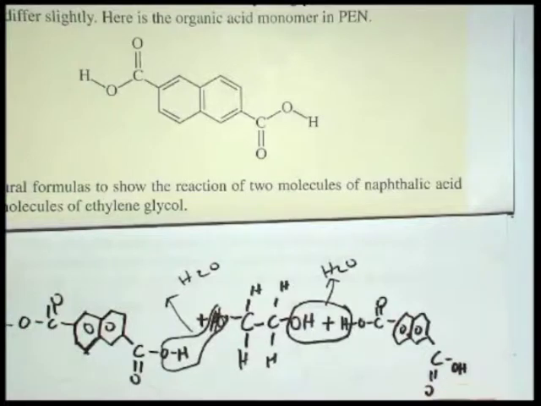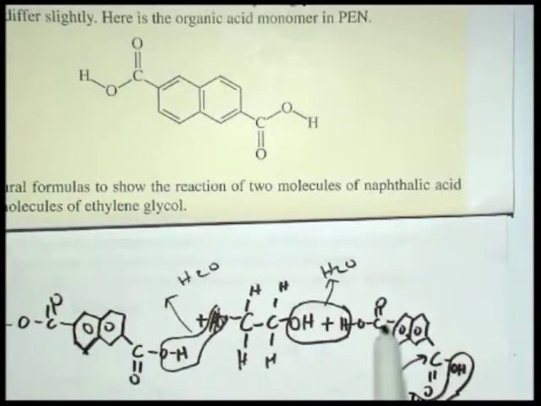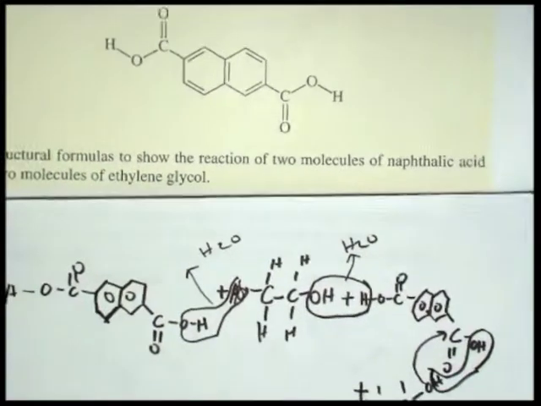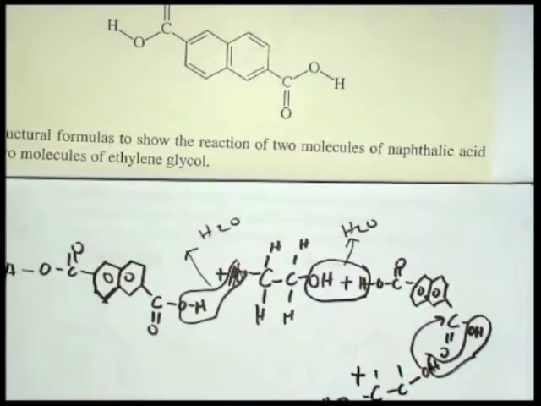And then if we add one more alcohol group, this H and that OH will split off. This O will hook up with that, and that will be 1, 2, 3, 4 units. That's what it would look like. So you can try to redraw that.